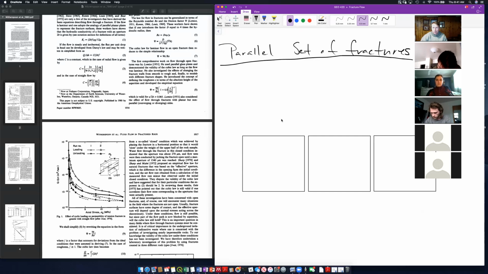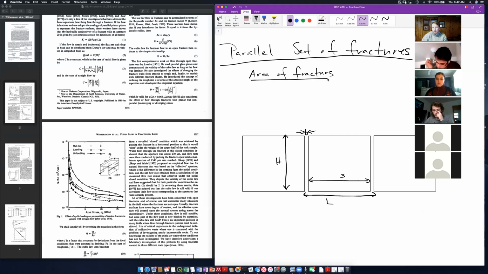Again, this is H, this is B, this is L, this is S. The total area of flow for a parallel set of fractures: the area of fracture is going to be the area for each fracture times the number of fractures.